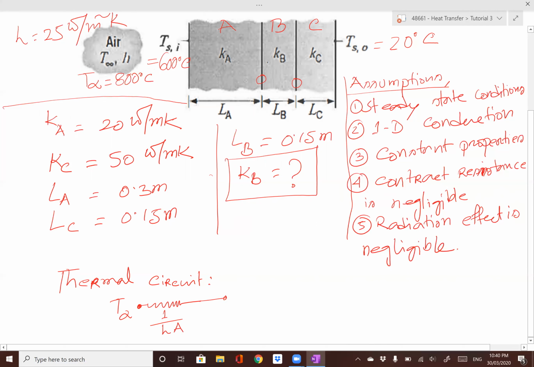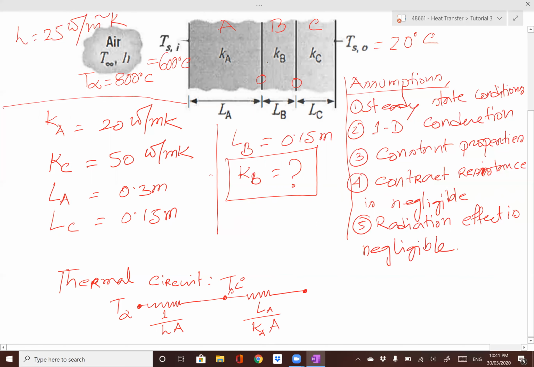Then the temperature of the oven inner surface, then there will be conduction, heat flowing through material A. So thermal resistance for material A is length of A over thermal conductivity of A and the area.